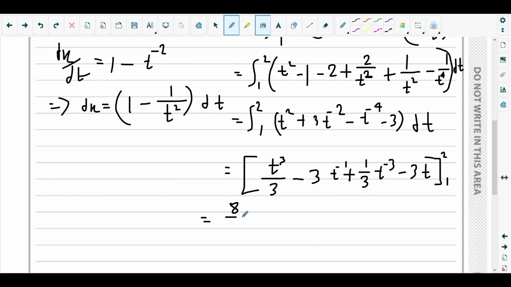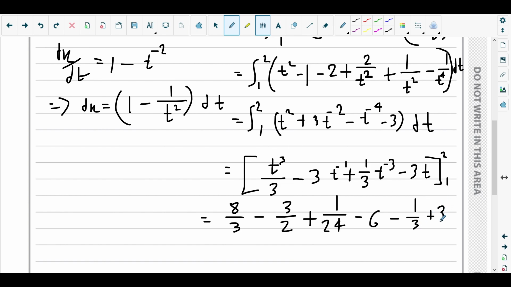So 8 over 3 minus 3 over 2 plus 1 over t cubed. 2 cubed is 8, so 8 times 3, that is 24, minus 6, and then minus 1 over 3 plus 3 over 1, right?